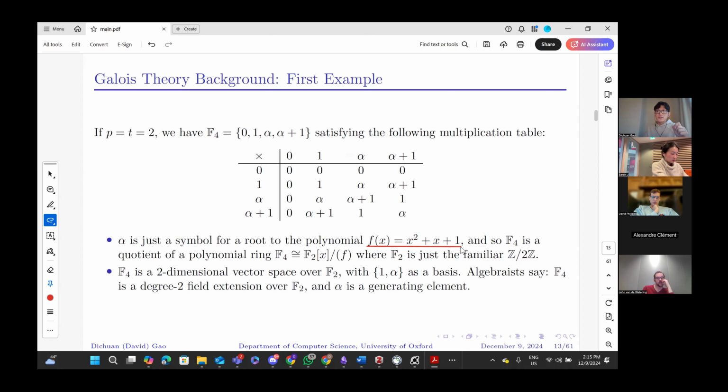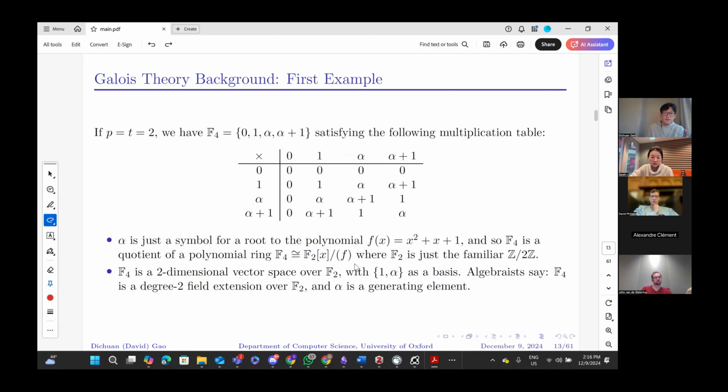So now what you do is you adjoin to F_2 an abstract symbol alpha, which is just the root of this polynomial, just like how i is an abstract symbol for the root of x squared plus 1. And so then you obtain F_4 as a quotient of this polynomial ring.